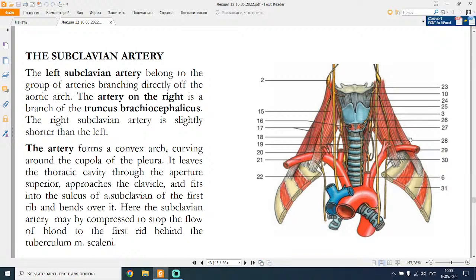What you see: musculus scalenus anterior, medius and posterior.